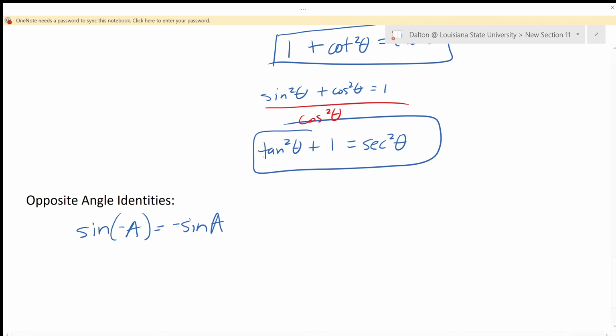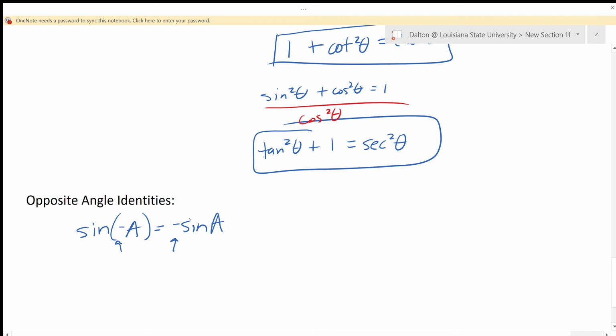So what this means is your sine function deals with the y values. Think about the fourth quadrant: your y value is always negative. So it doesn't matter if your angle is negative or if you negate the sine, whether the negative is inside or outside, they will be equivalent to one another.